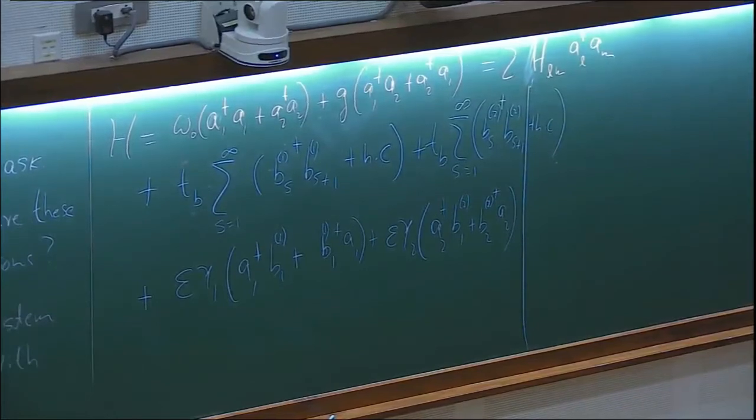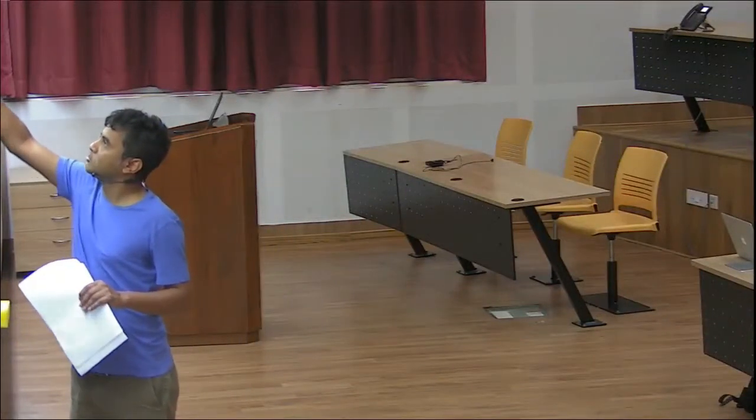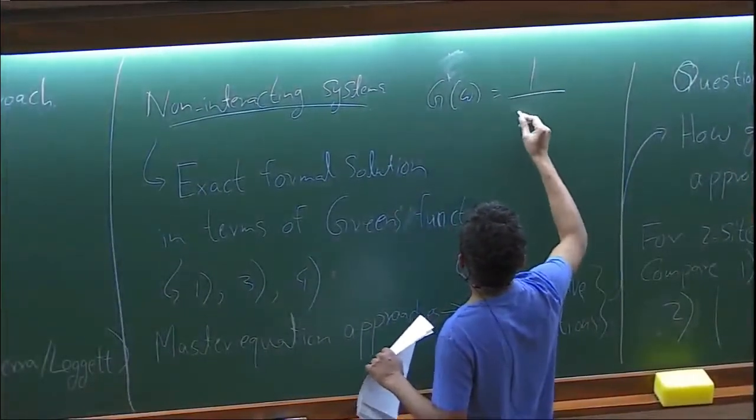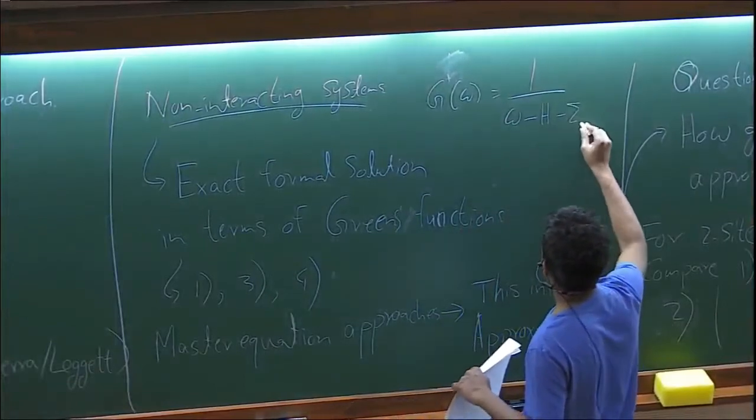Okay, so I have the Hamiltonian, and then I have all this coupling matrix. So basically, I can define a Green's function like, some sigma.